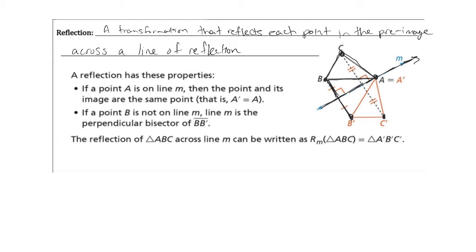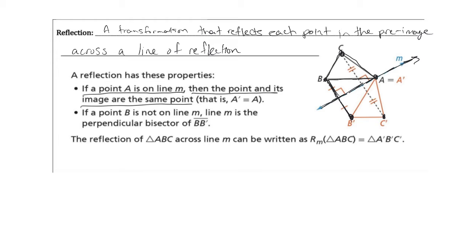If a point is on the line of reflection, then it does not move. So if point A is on line M, then point A and its image are the same point. You can see A and A prime are the same. B is not on the line, therefore we reflect it over the line of reflection, and it should be the same distance away.